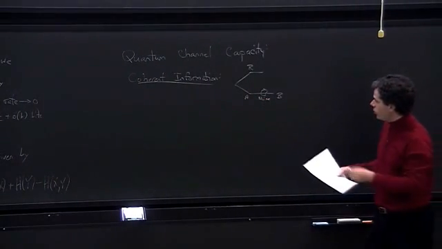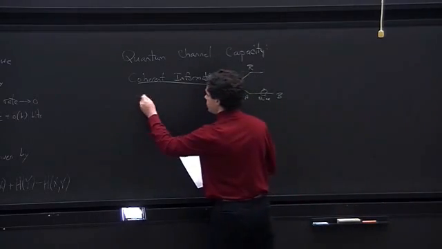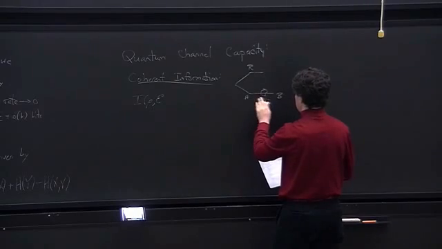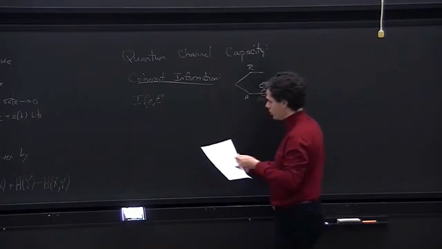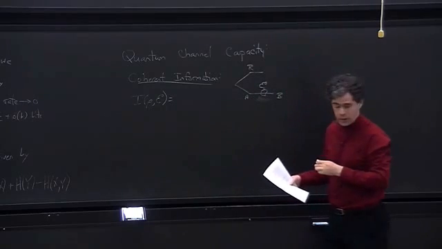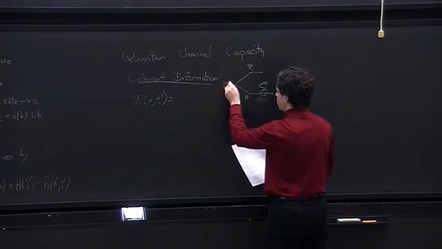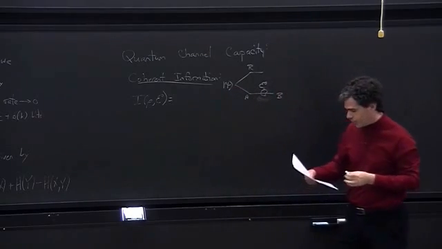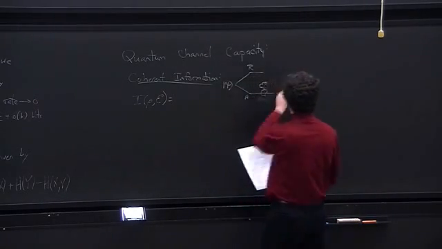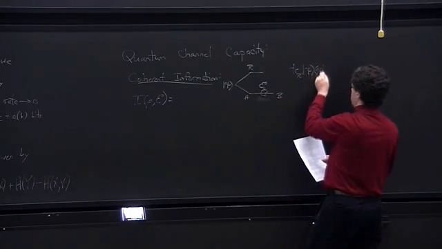Let me write this as superoperator E. If we have the state rho for A, we purify rho to psi, so that the trace over R of psi is rho.